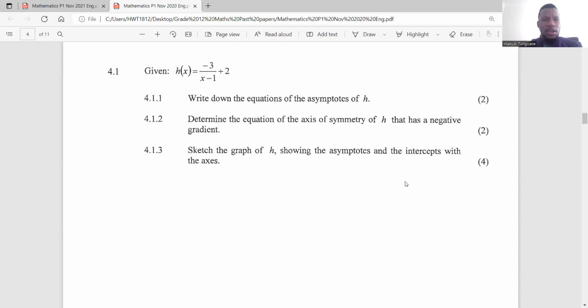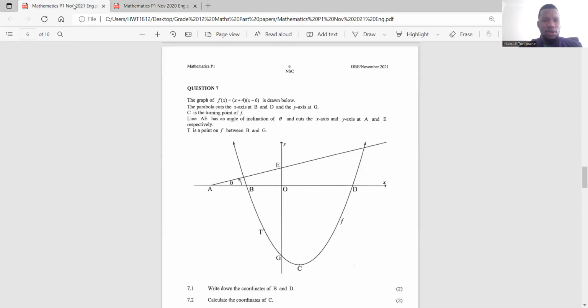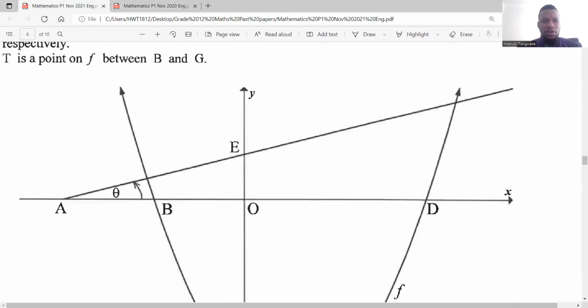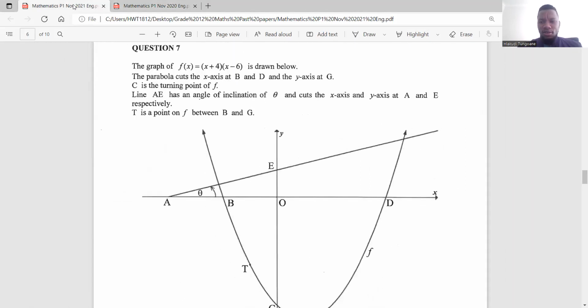We're just going to look into hyperbolic equations, and then from there, we're going to discuss the questions on the quadratic on the same paper, just to see how they ask these questions in the exam, because it's very important to be able to apply the concept in exam questions so that you don't struggle. Okay, so I think we can start with November 2021. Let me zoom in to get to the questions.